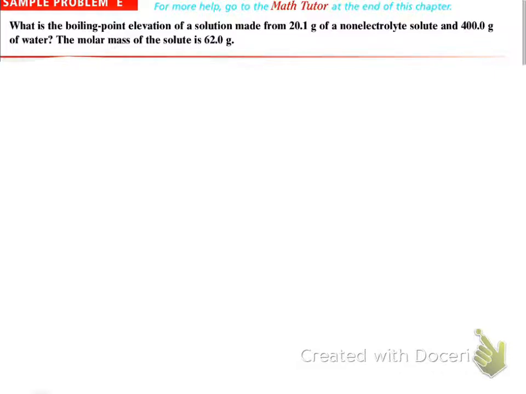Listen, if a problem like this doesn't give you the actual identity of the non-electrolyte solute, it has to give you its molar mass so you can compute the number of moles contained in our given 20.1 grams. And that actually, ladies and gentlemen, is our first step.